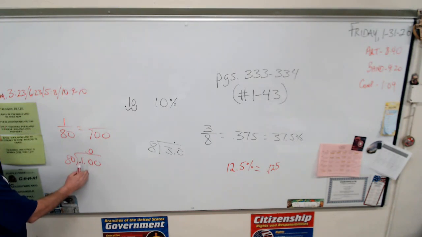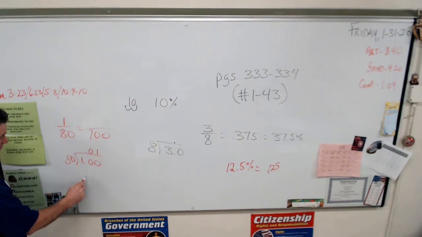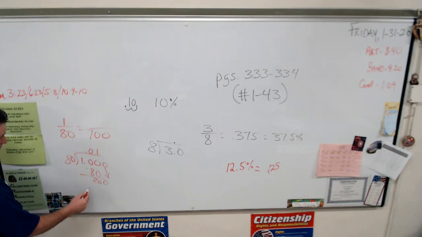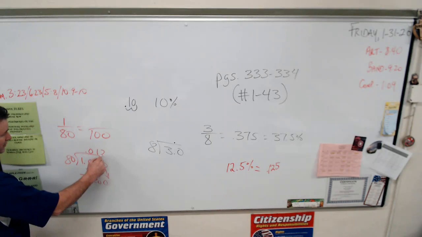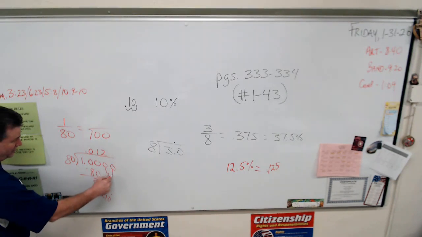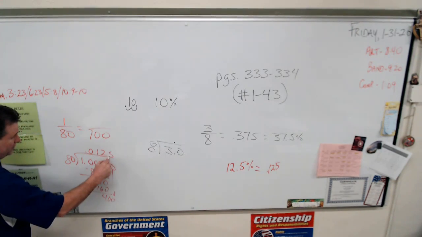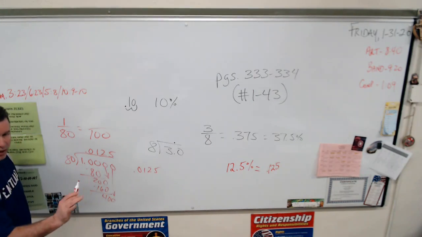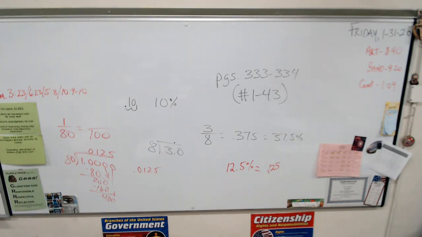It goes into 10, not at all. It goes into 100 once. Can I put a 0 on the end without changing things? Yes. Can I put a 0 on the end without changing things? Yes. So 0.0125, wait, that's not what they want. They want to know what that is as a percent. What do I do?